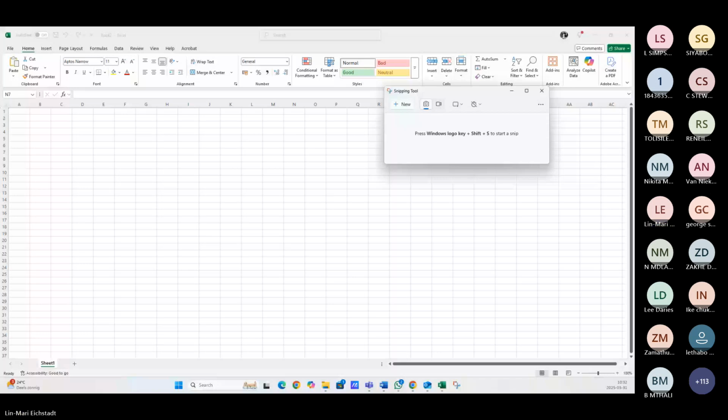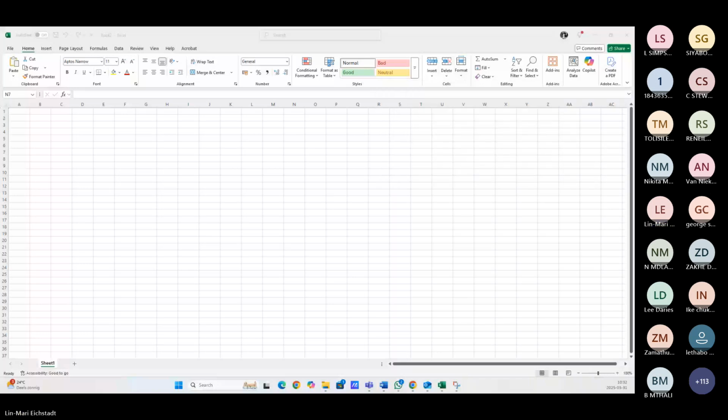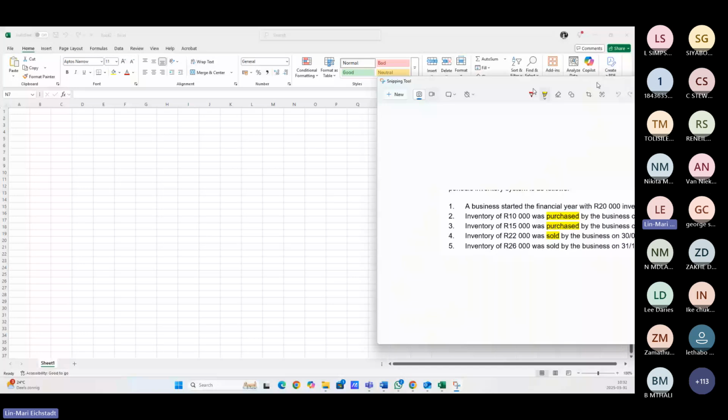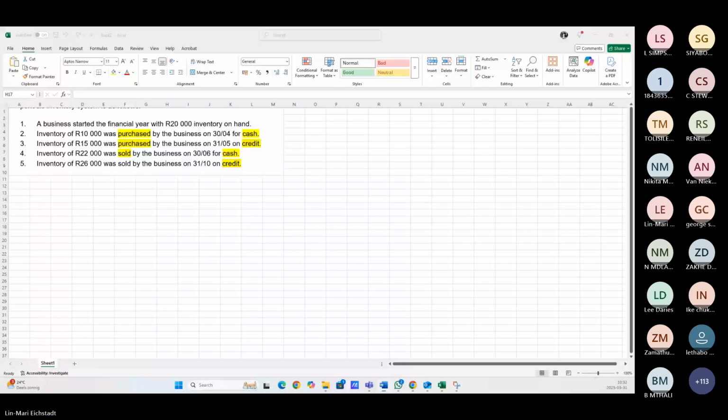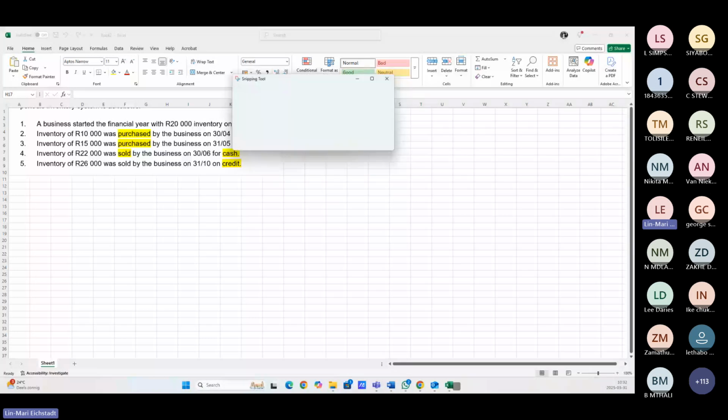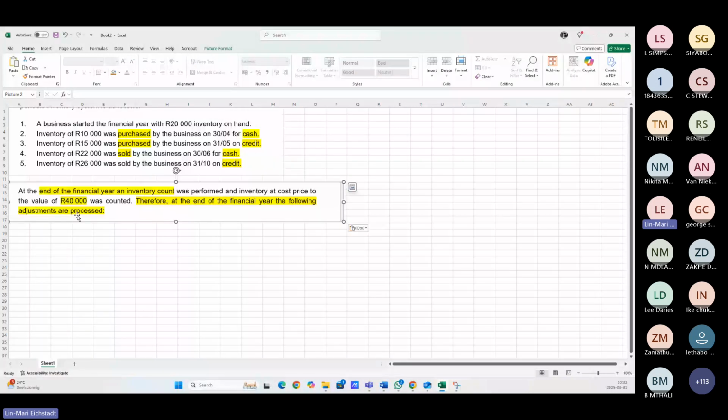Our information that we were given from the study guide is basically this, as well as that we did a stock take at year end, and we had 40,000 closing inventory. So that's basically the information that we have, and then our T accounts that we would have in this example.